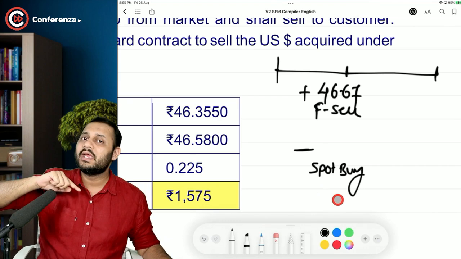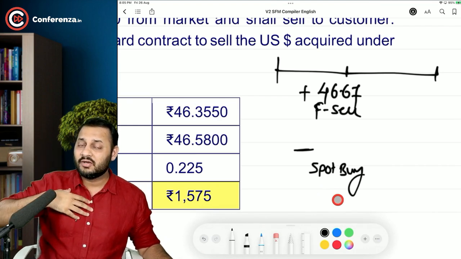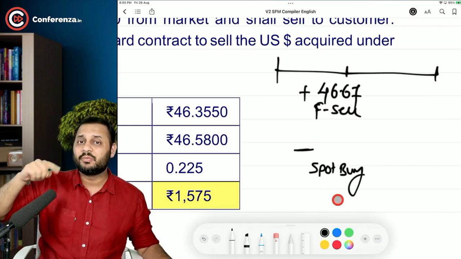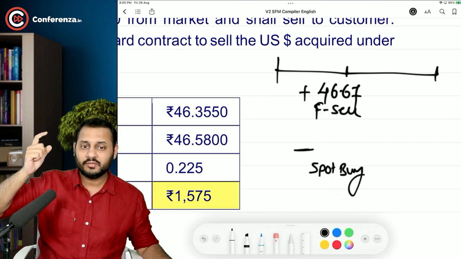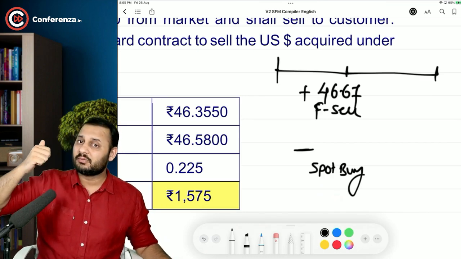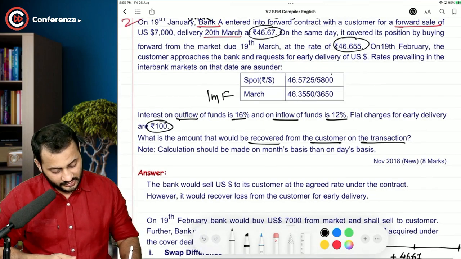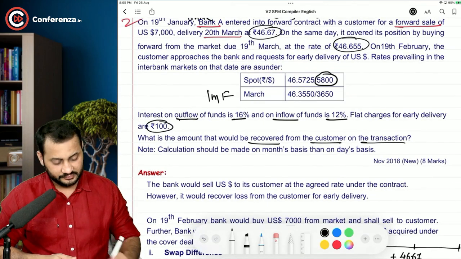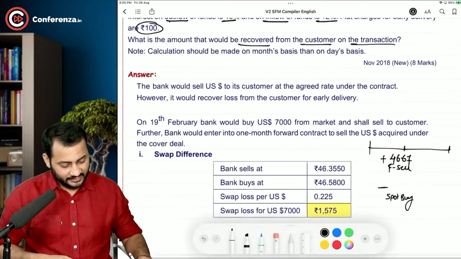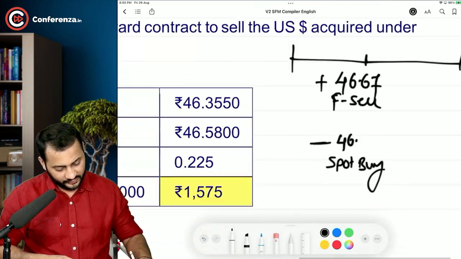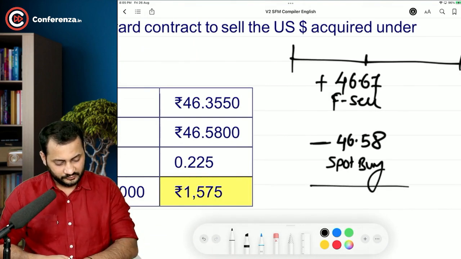I want to buy. Understand? Whenever I'm going to deal with another bank, the rates have to be interpreted from their angle. I want to buy, the other bank will sell me. Spot selling rate is 46.58. So at this rate I am going to buy at 46.58, and you can see we are making a profit. 46.67 minus 46.58.